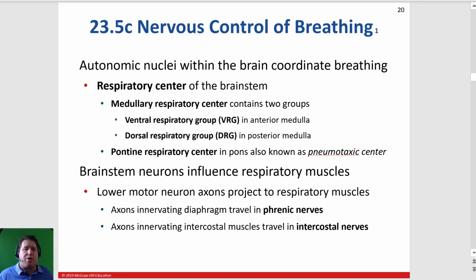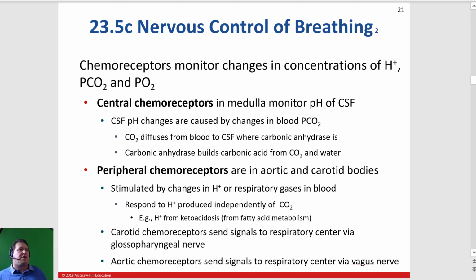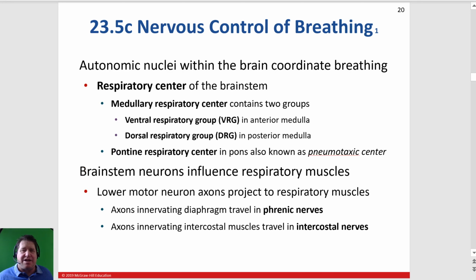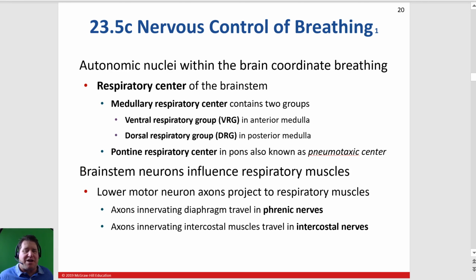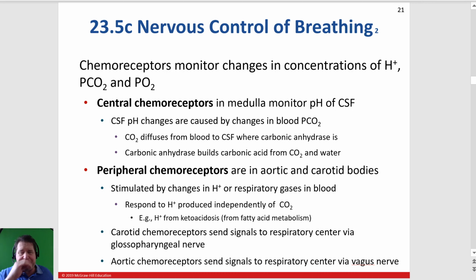So the brainstem coordinates that breathing. Of course, we have the ability to control it consciously, but if we don't pay any attention to it, we don't devote any cerebral action to it, it happens anyway based on the actions of the brain stem, the medulla oblongata, and the pons especially. So the brain stem.